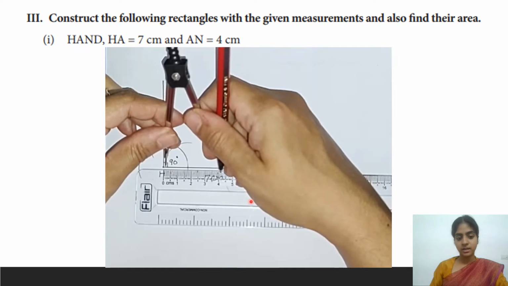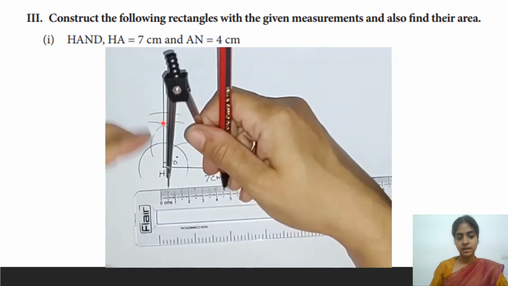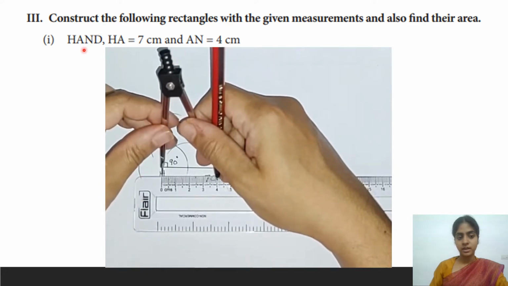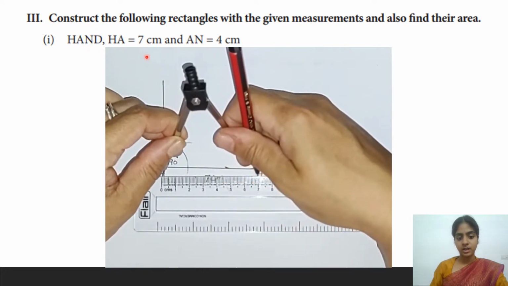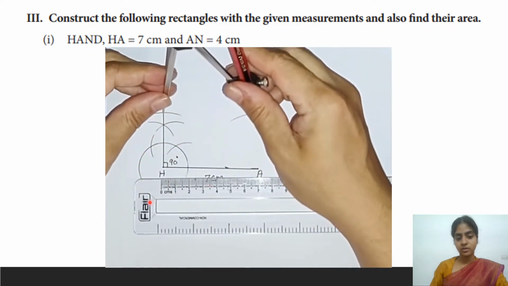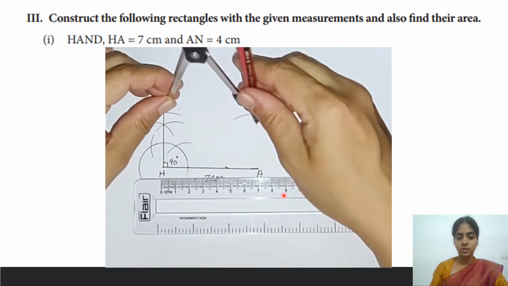Once that is done, we will take HA 7 centimeter similar for ND. We can directly take from H to A, or we can take a scale and mark 0 to 7.